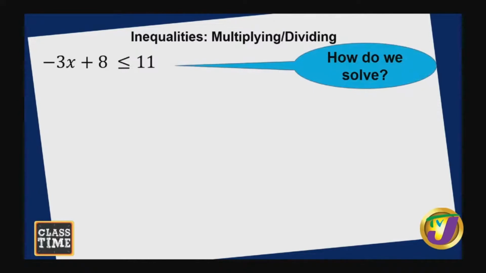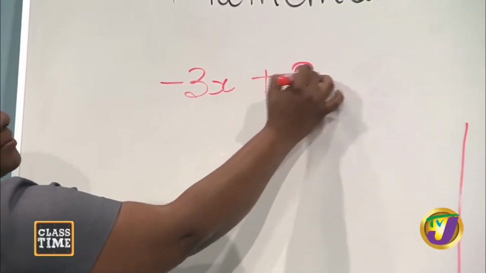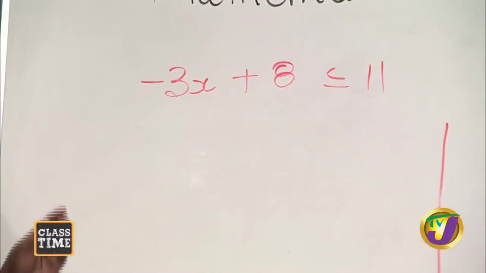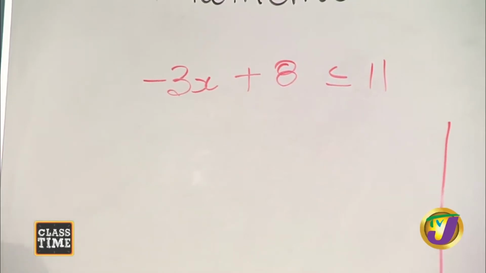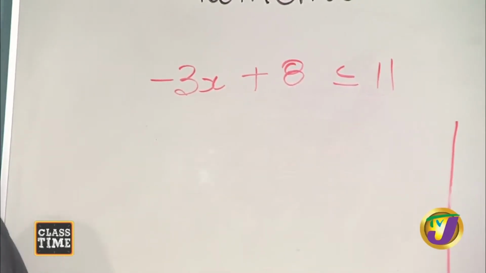All right, so we are still holding firm to what we did earlier. Negative 3x added to 8 is less than or equal to 11. I hope that you are observing the inequality sign that's there, and you are also thinking about what the number line will look like. Is it that we're going to be working with an open dot or a closed dot?